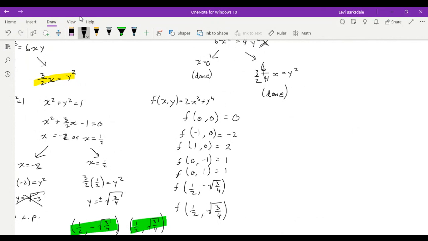And when we plug in these last two, we get 1/2 cubed is 1/8, times 2 is 1/4, plus the square root of 3 over 4 to the 4th. It won't matter if it's the positive or negative square root because it's being raised to the 4th power, so it ends up positive. That comes out as 9 over 16 plus 1/4, which is about 13 over 16, I believe.